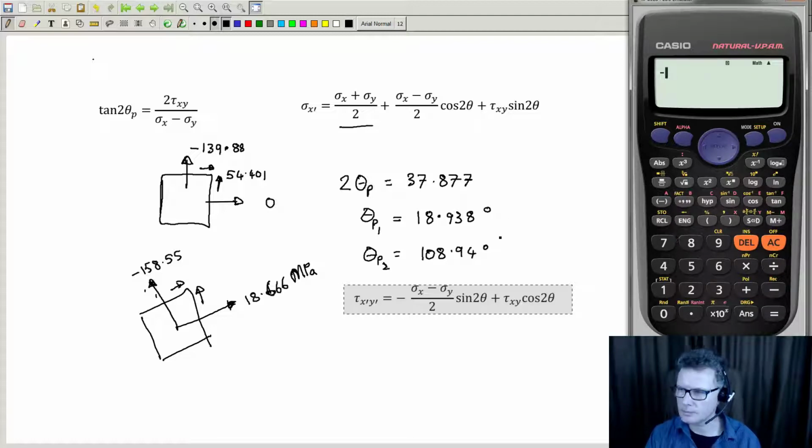So minus, open my bracket, 0 take away, so that's plus 139.88, divided by 2, times the sine of 2 times, we're rotating everything back by 18.938 degrees, close the bracket, plus 54.401 times cos of 2 times, again rotating by 18.938 degrees, close the bracket.